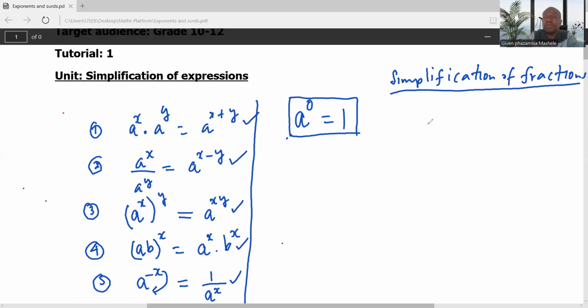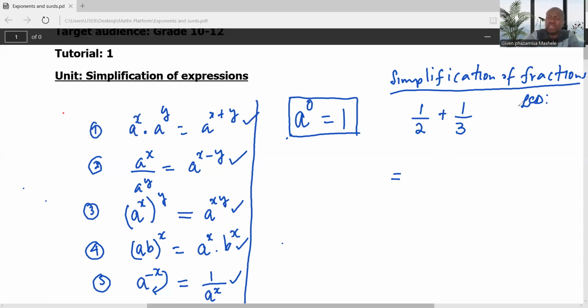For example, remember in the lower grades, I think from grade 5, grade 6, they taught you how to simplify fractions. For example, if we have 1 over 2 plus, let's say, 1 over 3. When we simplify fractions, back then you had to determine the LCD, the lowest common denominator.